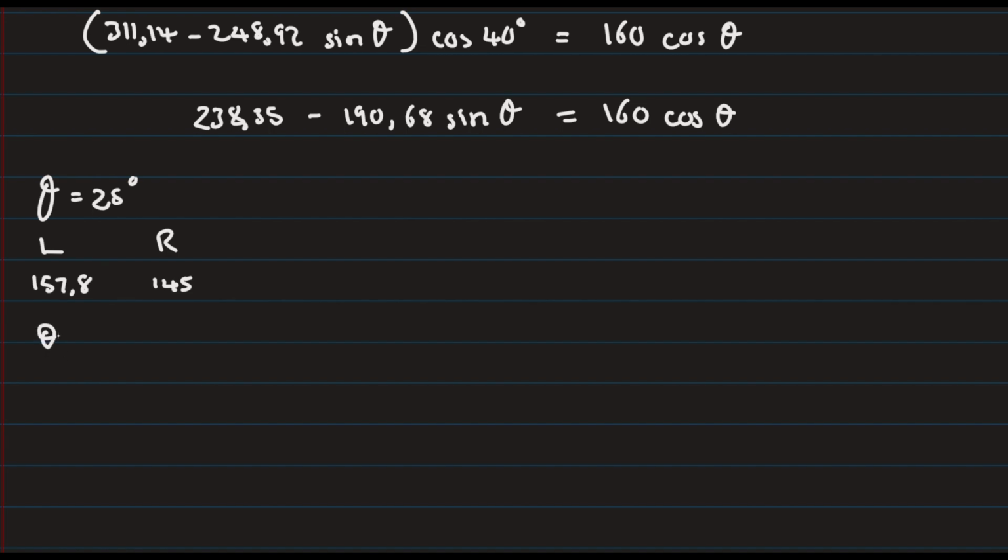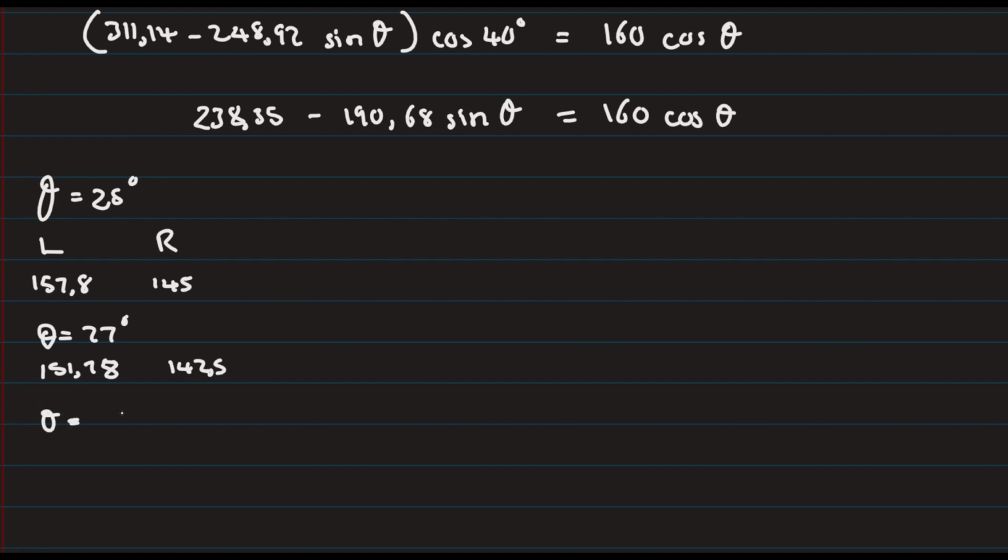Let's say theta is equal to 27. So now we have 238.35 minus 190.68 sine of 27. That gives us 151.78. Now on the right hand side we have 160 cosine of 27, and we get 142.5. And let's go a little bit higher now.